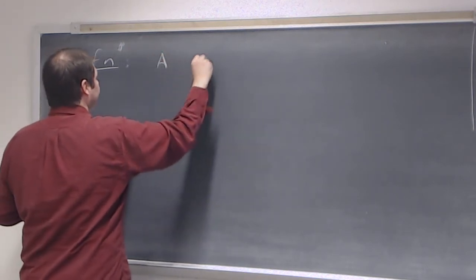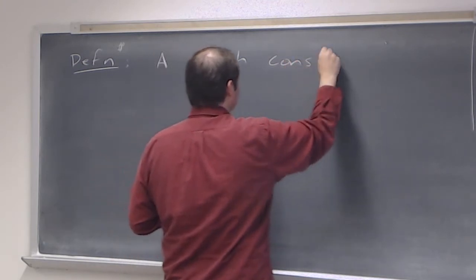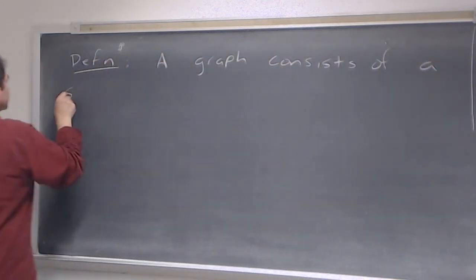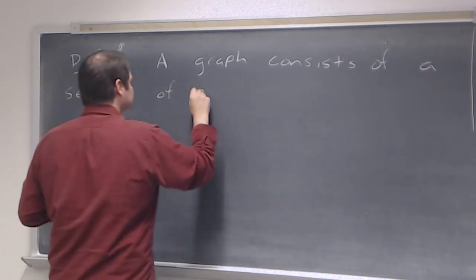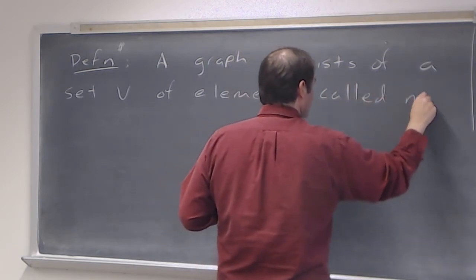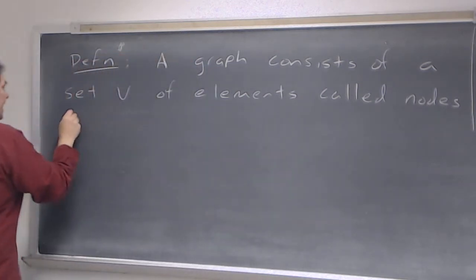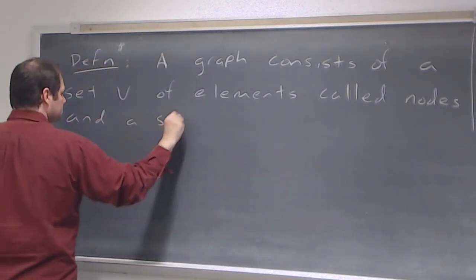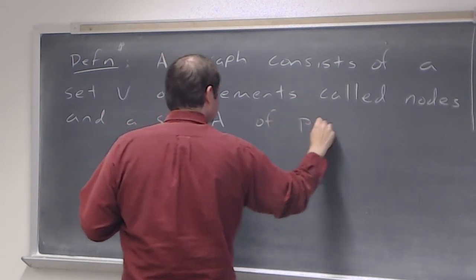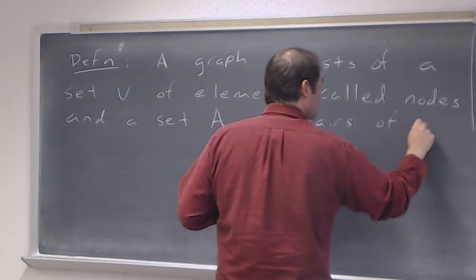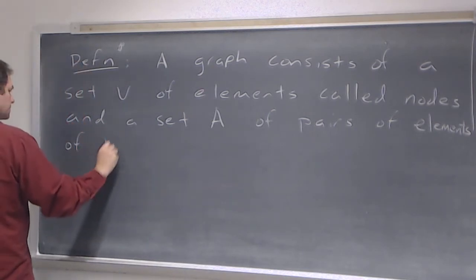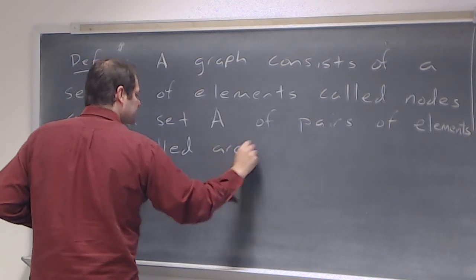It says a graph consists of a set V of elements called nodes, and the set A of pairs of elements of V called arcs.